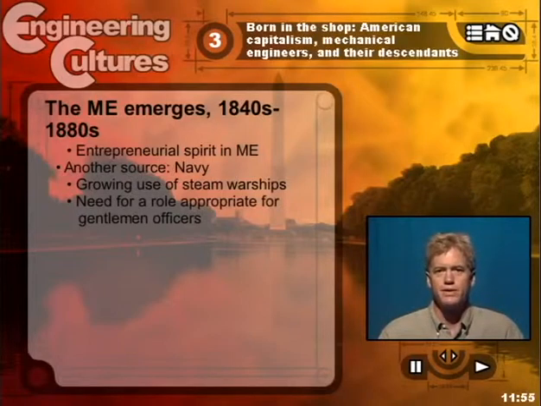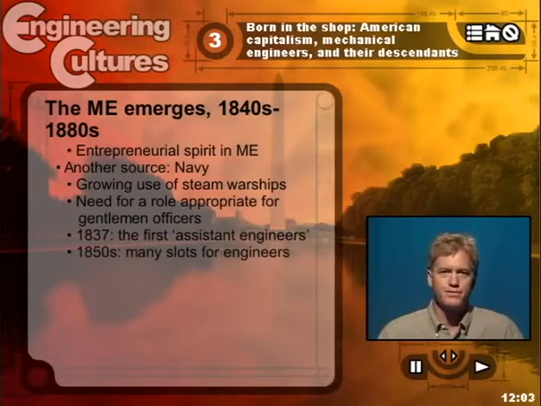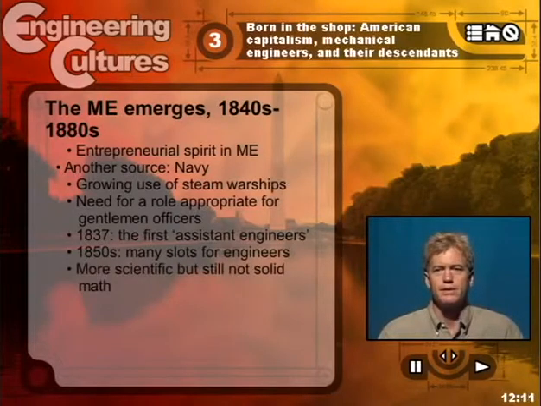And so we find in the Navy the label assistant engineers appearing as early as the 1830s, with again by the 1850s many engineering slots being defined. As Calvert puts it, these engineers were trained with greater scientific emphasis, but still nothing like the French.